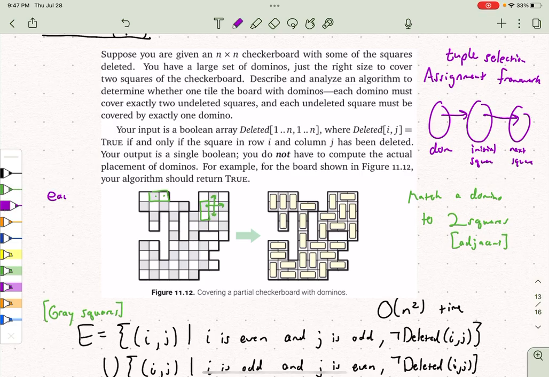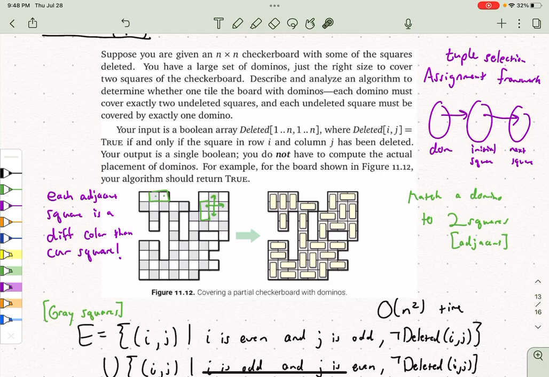Each adjacent square is a different color than the current square. So every time we place a domino on two squares, we're placing it with one gray and one white.